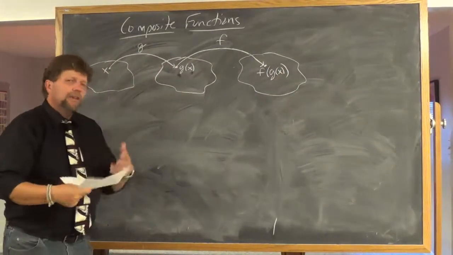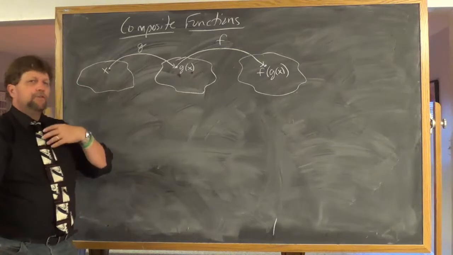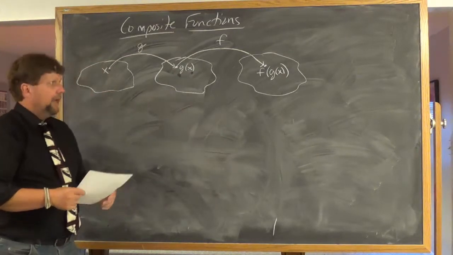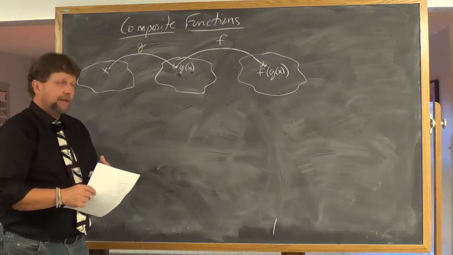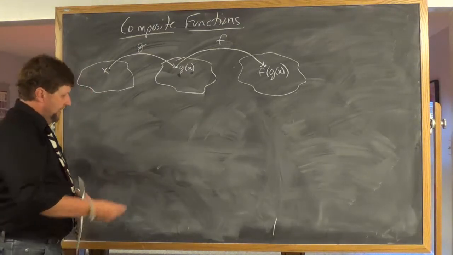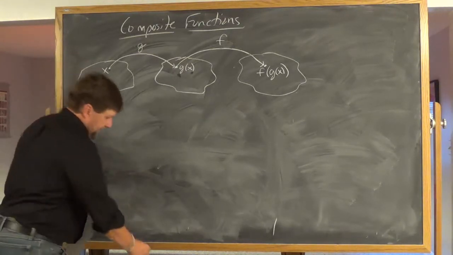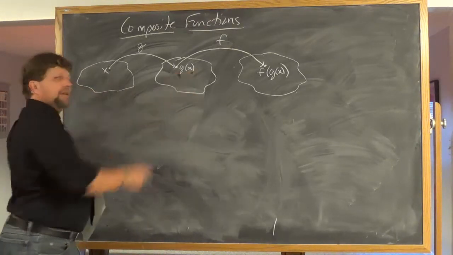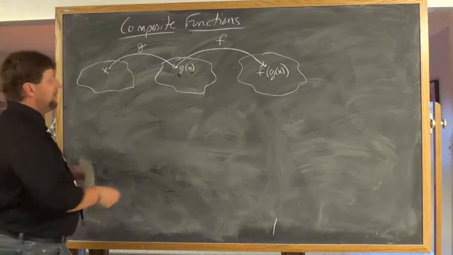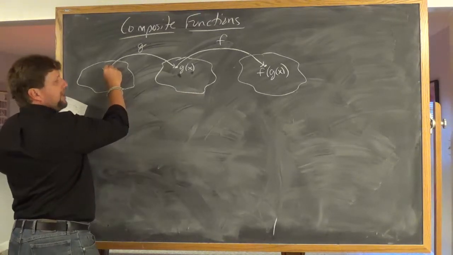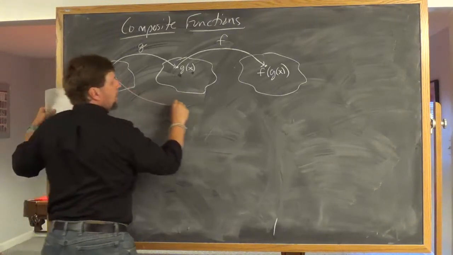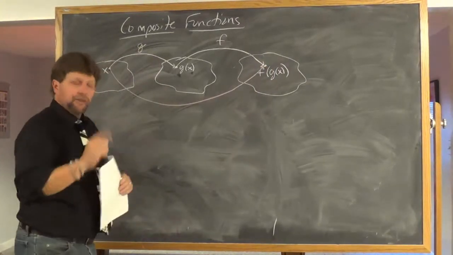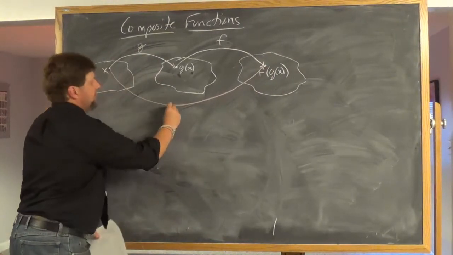So literally that's what a composite function is. You do one function and then you do another function. And what we'll be able to determine is, can you come up with a function that skips this middle step? In other words, can you come up with a function that takes you from here over to here, just one function? Now let me call that function h.